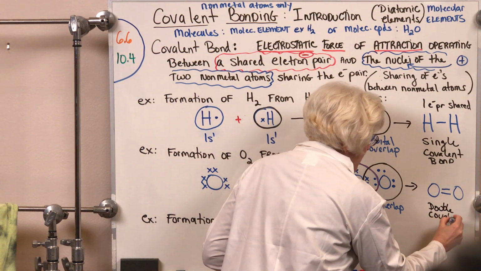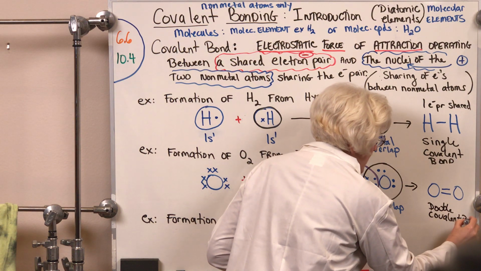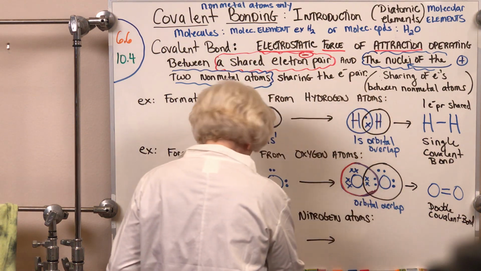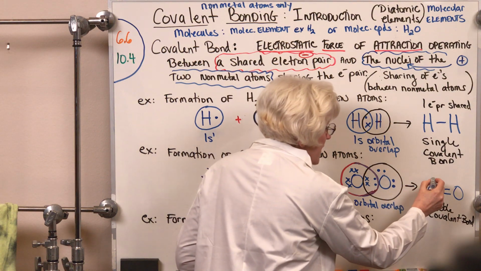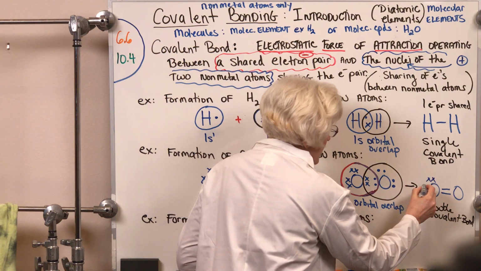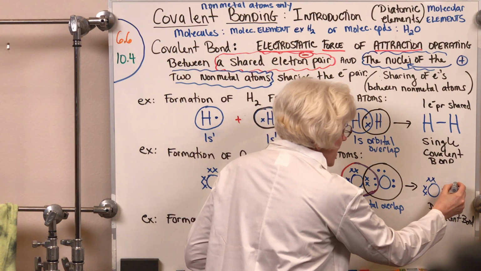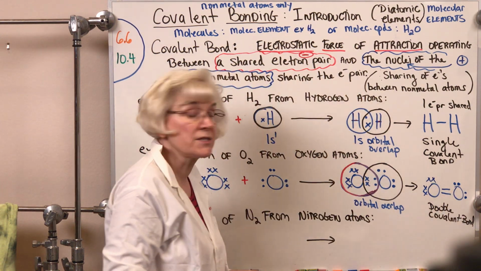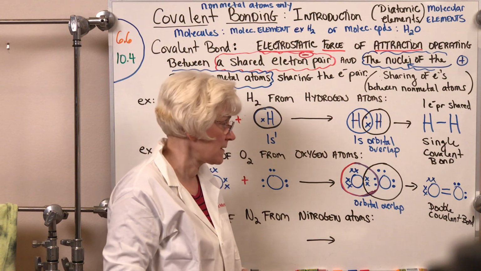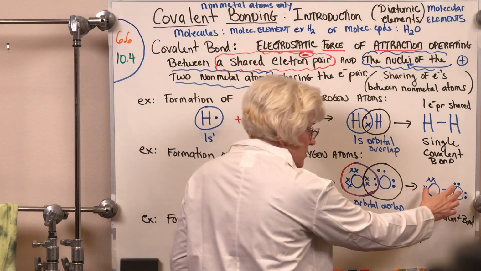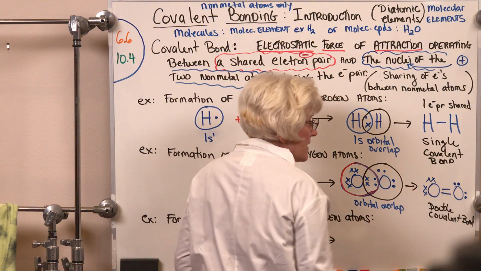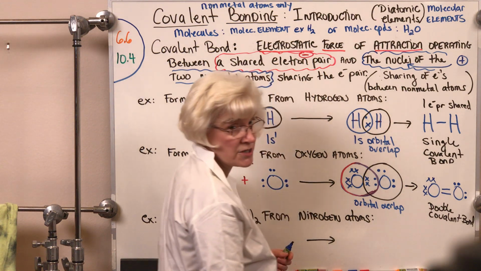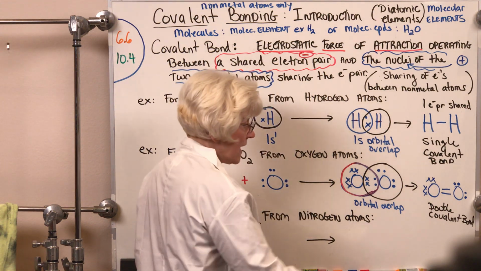A double covalent bond, a sharing of two electron pairs, and then of course we have the unshared or lone electron pairs around each of the oxygens as well. So as you look at this structure, you can see that each individual oxygen atom has an octet.